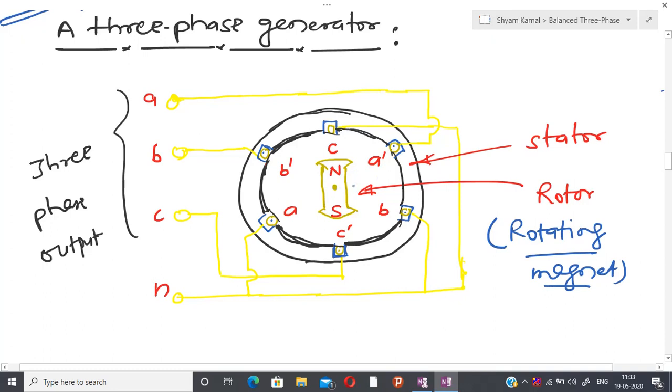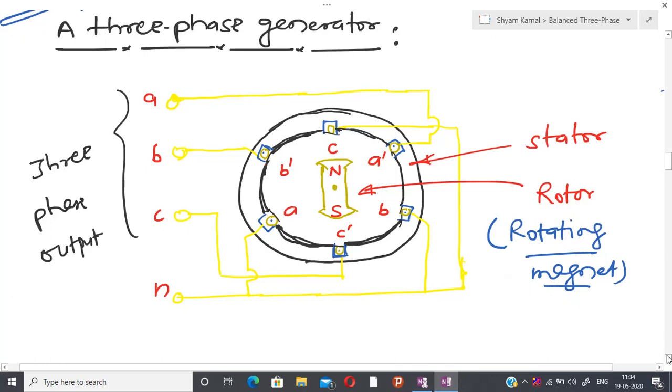So based on the same philosophy, we are going to generate here three voltages of the same magnitude but different in phase. Since the coils are placed 120 degree apart, the induced voltages in the coils are equal in magnitude but out of phase by 120.